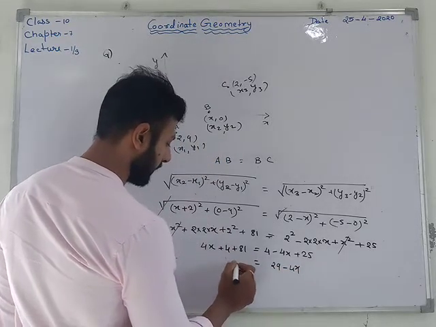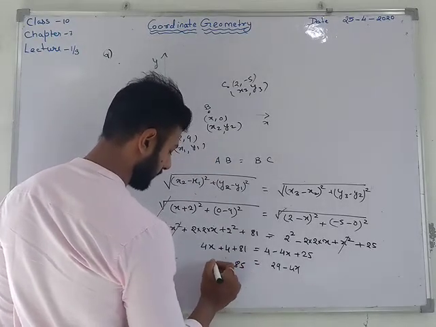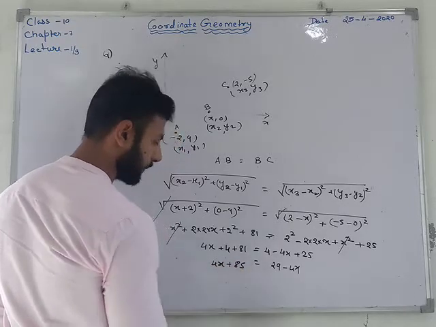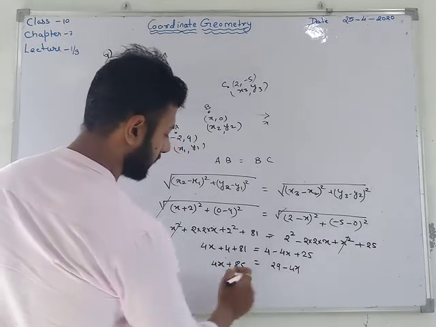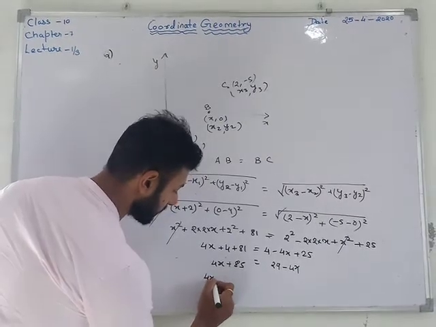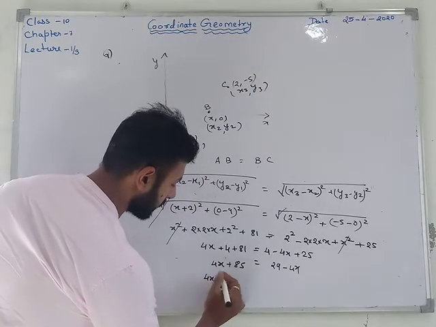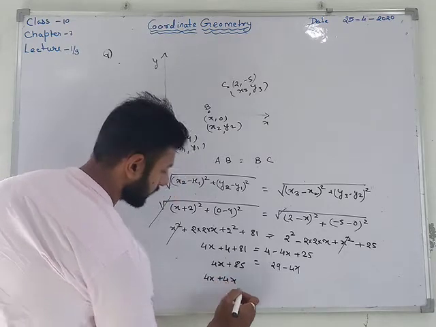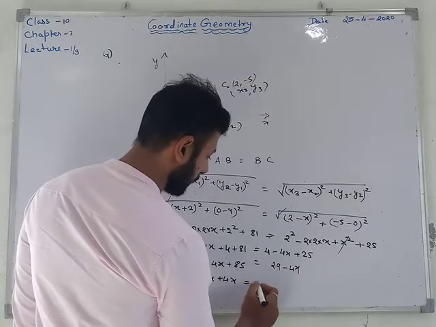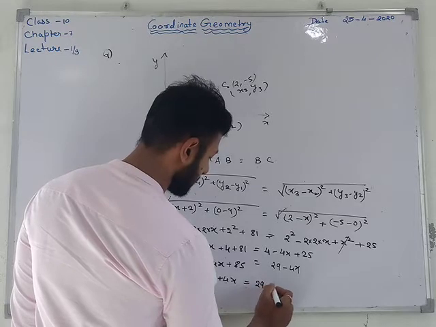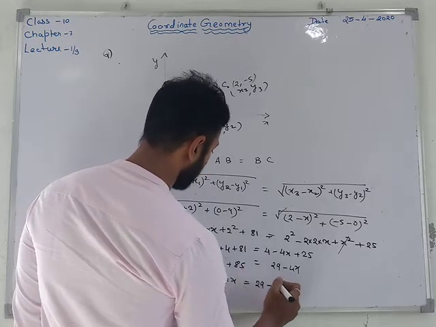Solving this, we will be getting 85 plus 4x. Taking this 4x on the left hand side, 4x plus 4x is equal to 29 minus 85.